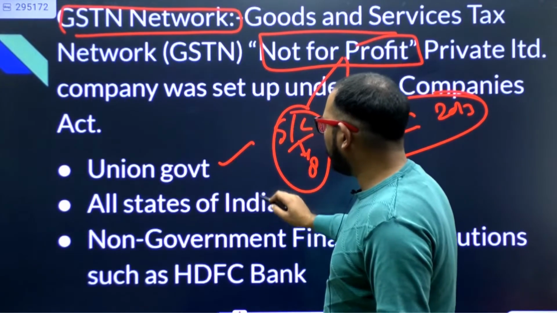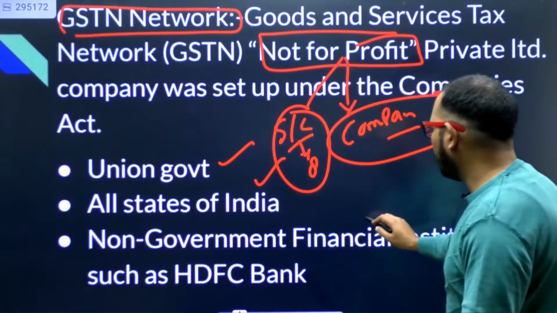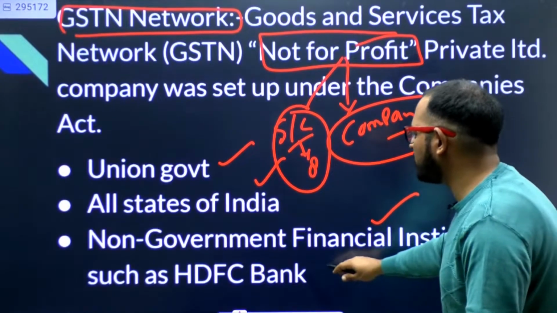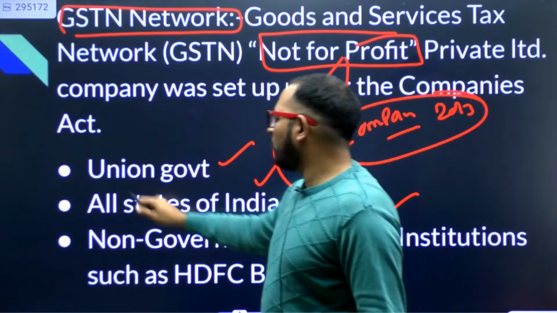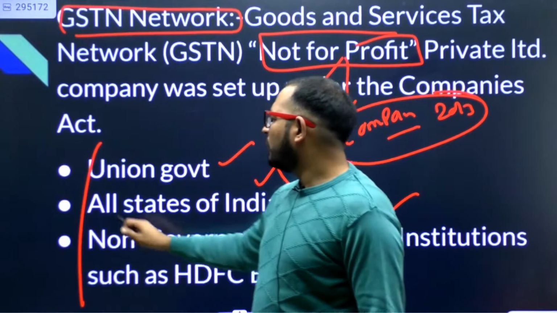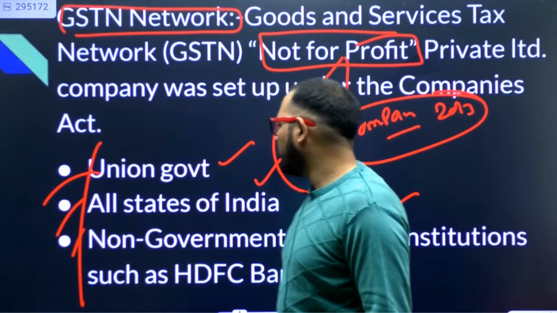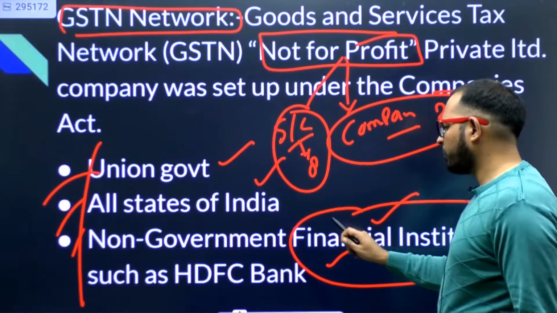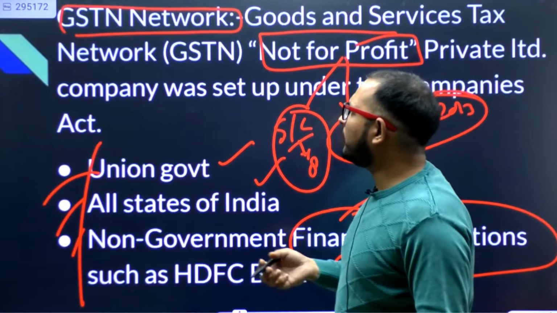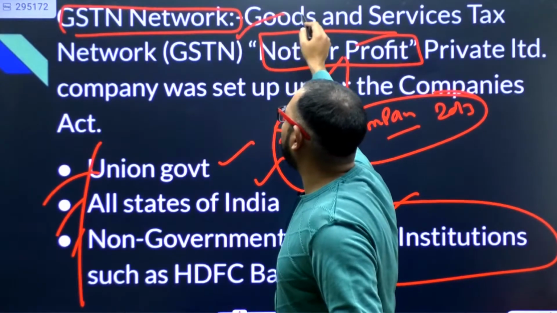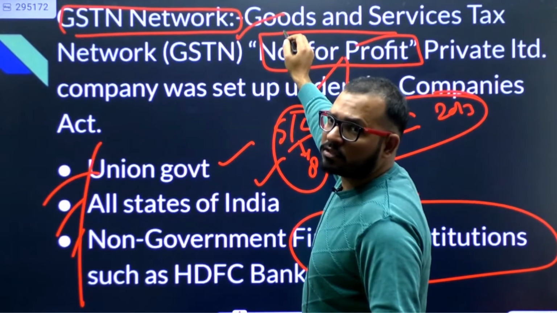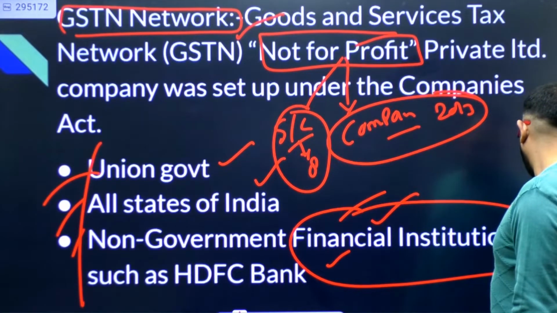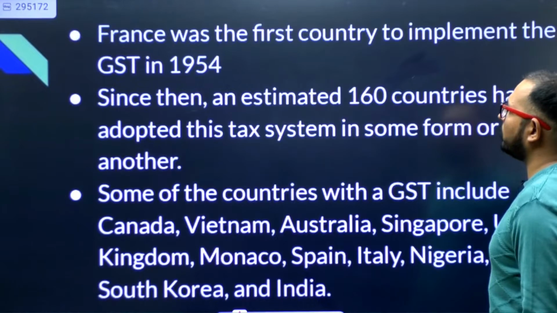Union government is there, state government is there, and a few non-governmental financial institutions such as HDFC bank. Earlier the structure was like that, but now the government has planned to remove these financial institutions. But for us it is not important. What is important is what the GSTN network is: a not-for-profit company or Section 8 company.